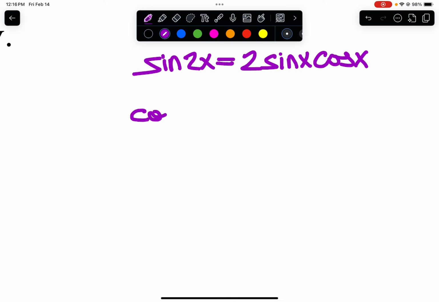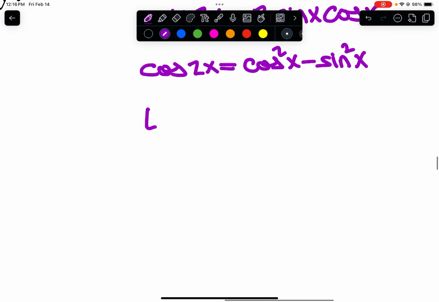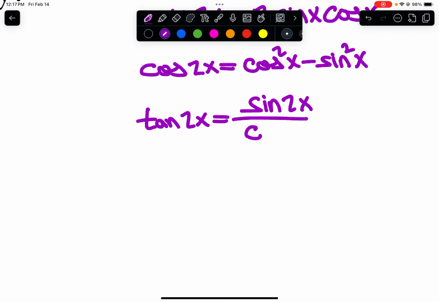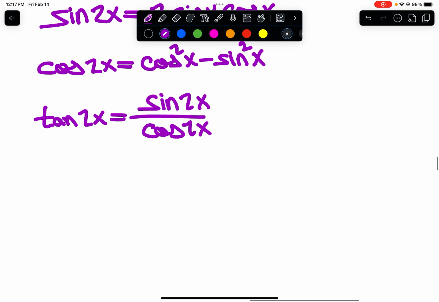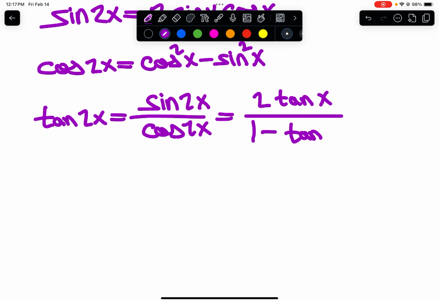And then cosine of 2x would be cosine squared x minus sine squared x. And then tangent of 2x is going to be sine of 2x over cosine of 2x, which is equal to 2 tangent x over 1 minus tangent squared x.